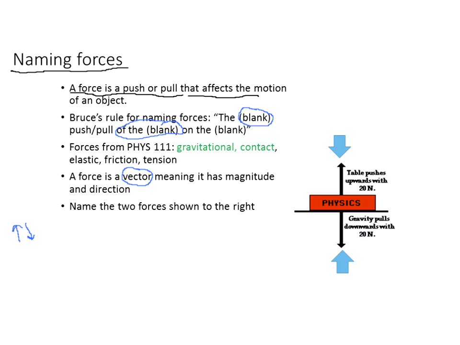So this one is pointing downward, and its gravity here is somehow influencing it. So if I were to name this force here, I would say this force, using my rule, is the gravitational pull of the Earth on the book.